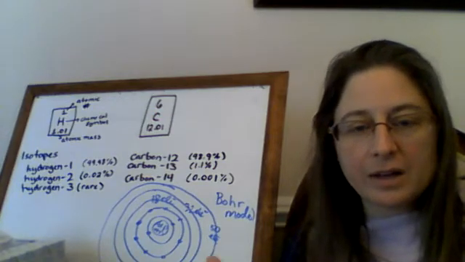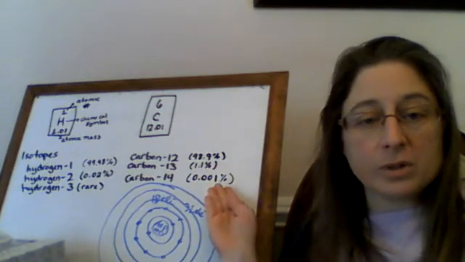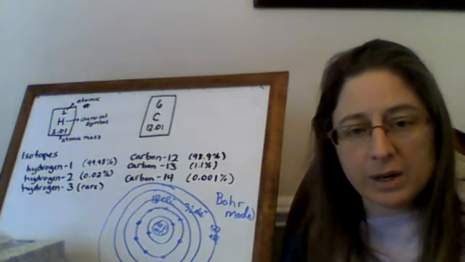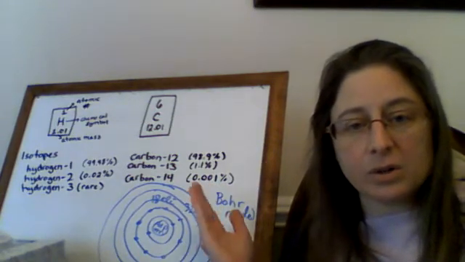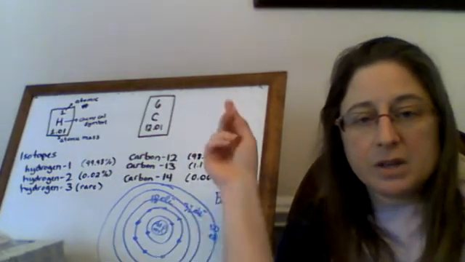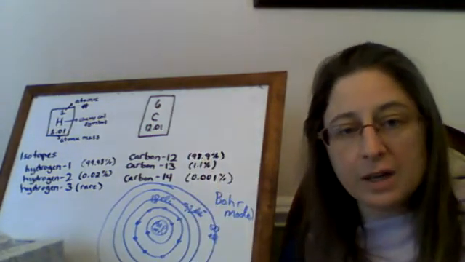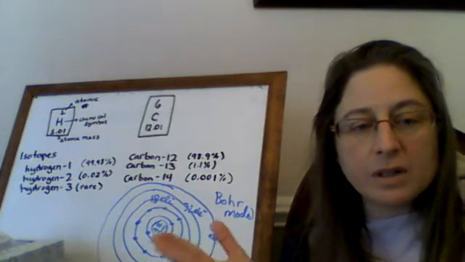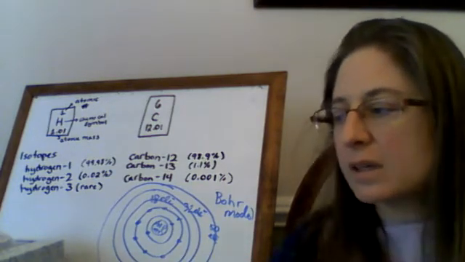So if you had, say, carbon-14, which undergoes beta decay, you had 14 things in the nucleus, right? In that case, 6 were protons because it's carbon, and 8 were neutrons. One of those neutrons becomes a proton, right? So now you have 7 protons in the nucleus. If we look at our periodic table, what has 7 protons?